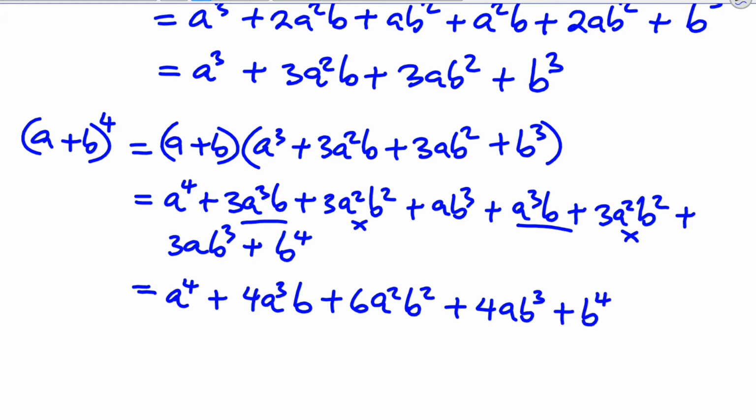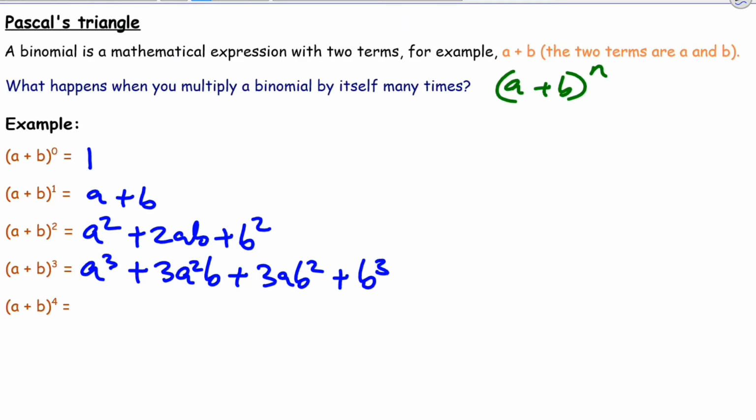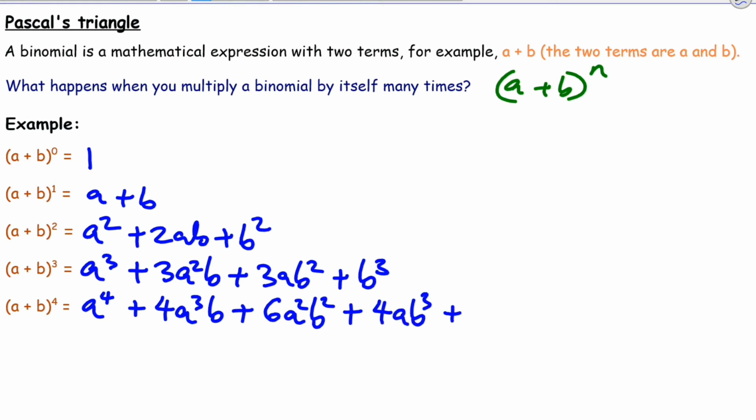So we can write our result here: a⁴ + 4a³b + 6a²b² + 4ab³ + b⁴.